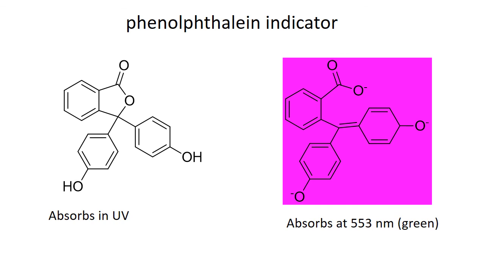So whereas the colorless form is absorbing only in the UV, the colored form of the indicator is absorbing around 553 nanometers, which would be green. Because it's absorbing the green, the indicator appears magenta. And this is essentially how all indicators work.